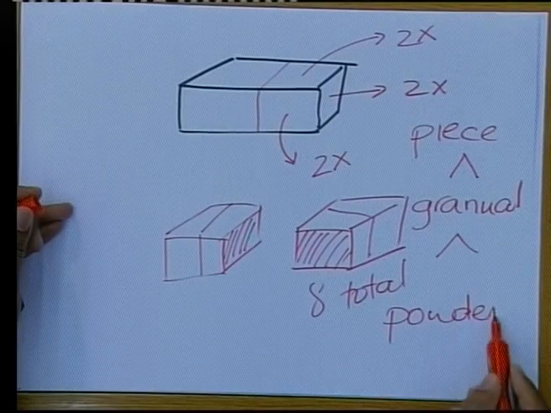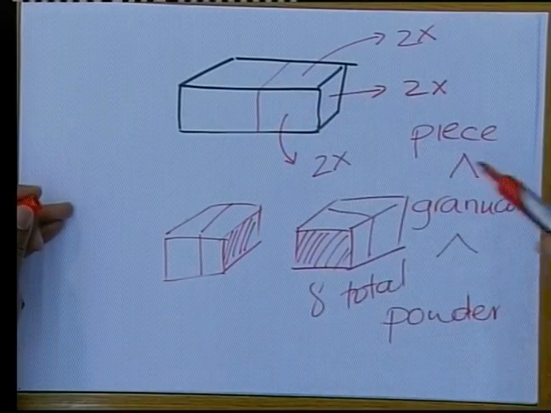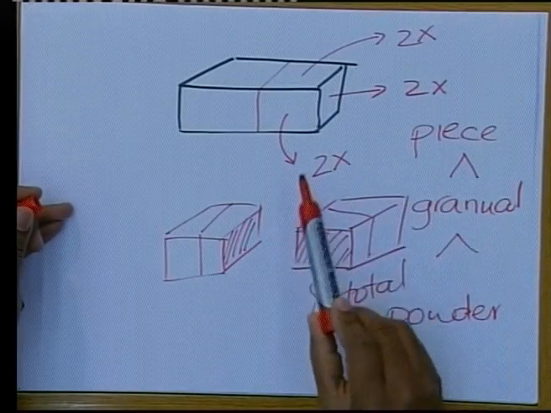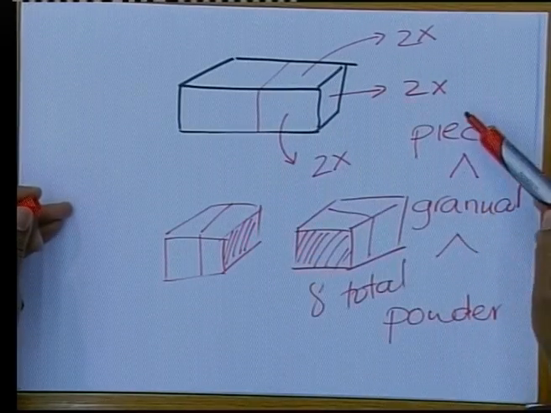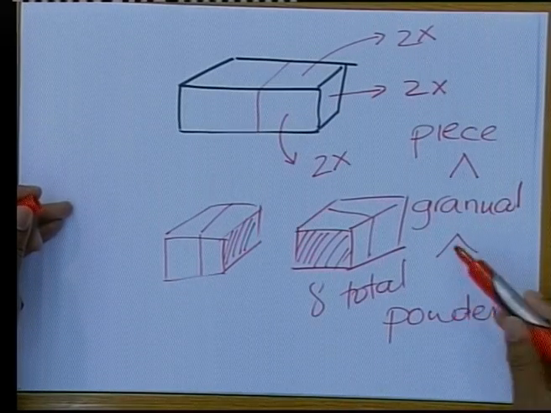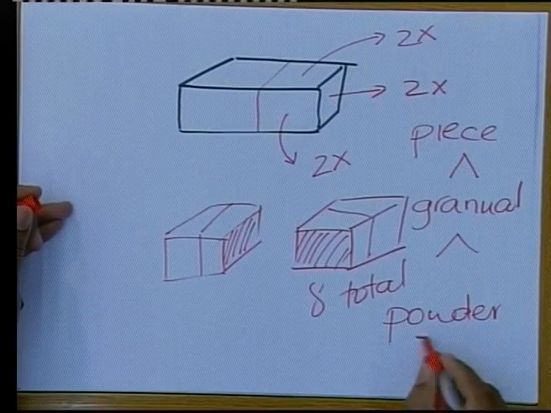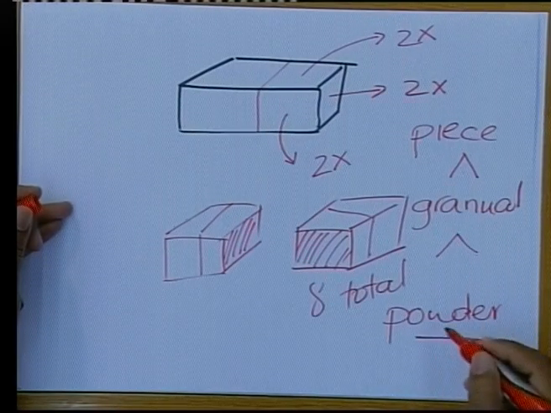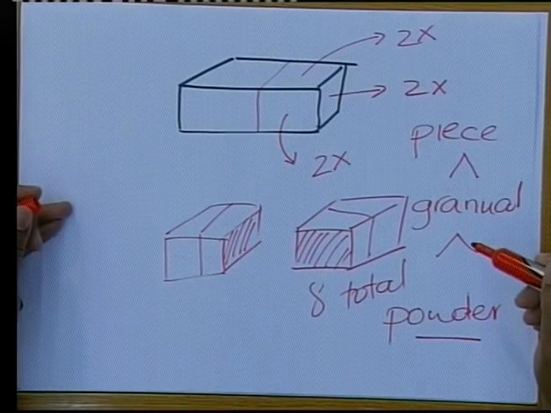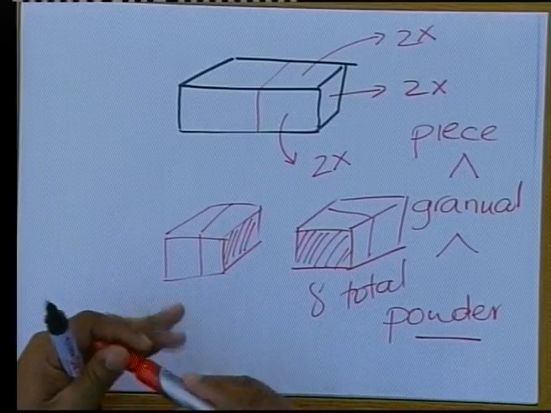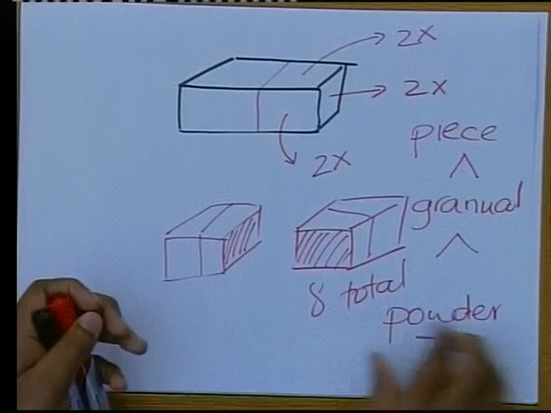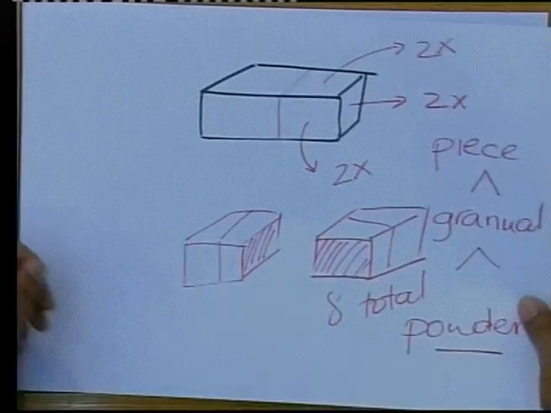Because obviously, if I have ground this piece down to a fine powder, if I go according to the reasoning we have with going from a piece to a granule, then I see that I have actually increased the reactant surface of this reactant to a very great surface area. So that is why a powder has a greater reaction surface than a granule would have, and a granule would have a greater reaction surface than a lump or a big piece of the same material.